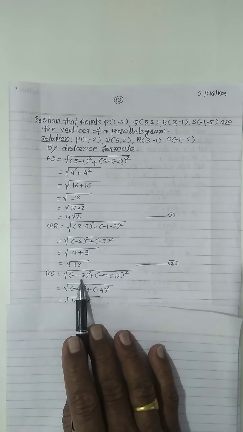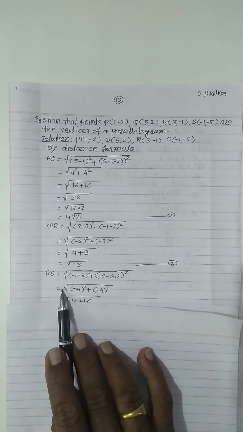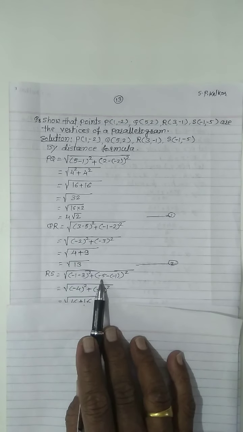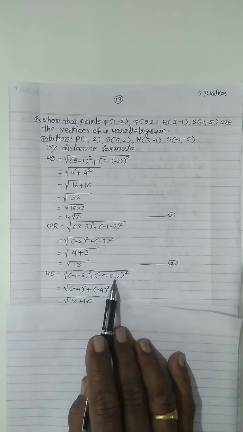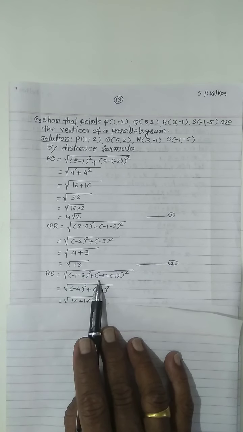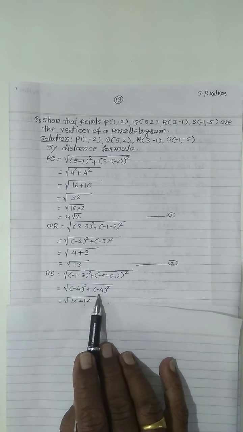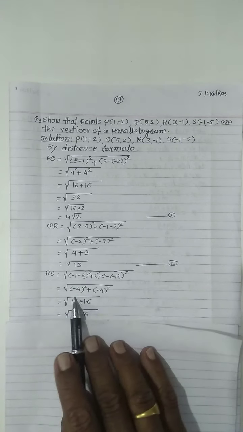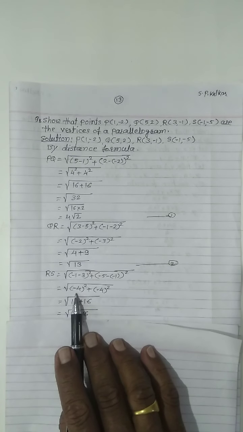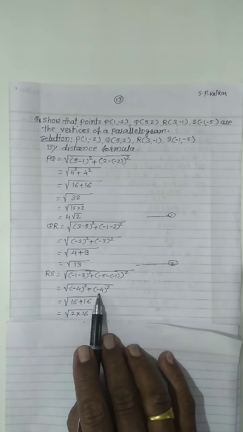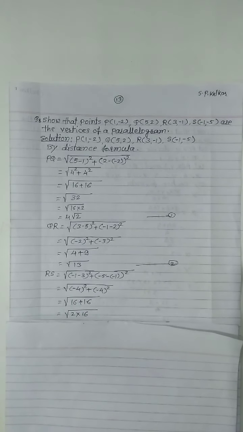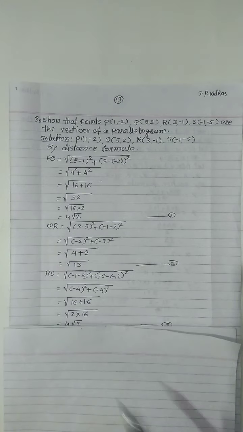Minus 1 minus 3 is minus 4, squared, plus minus 5 minus 1 is minus 6... as given, minus 4, squared. The square of minus 4 is 16 and the square of minus 4 is again 16. Then 16 plus 16 is again 32.